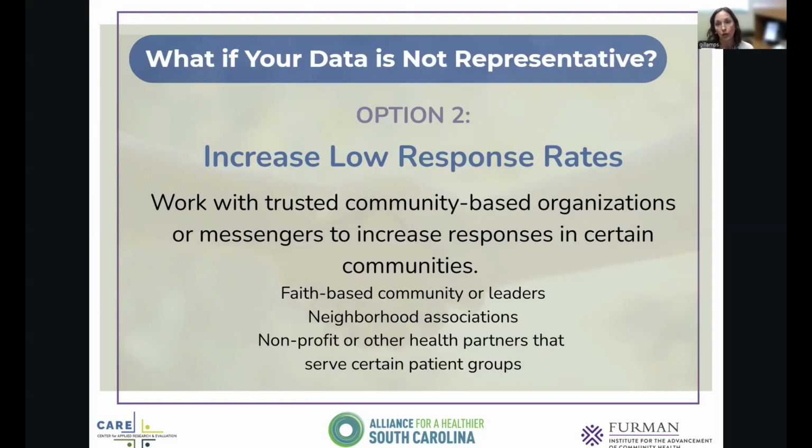Could they help you increase your survey response rate? So it's really targeted, right? Targeting particular community partners that might be working with those individuals that are underrepresented or unrepresented in your survey data. So that's another option you can do.